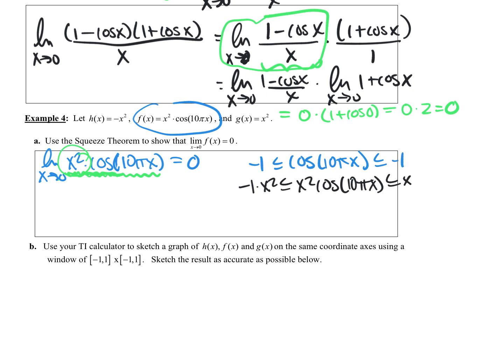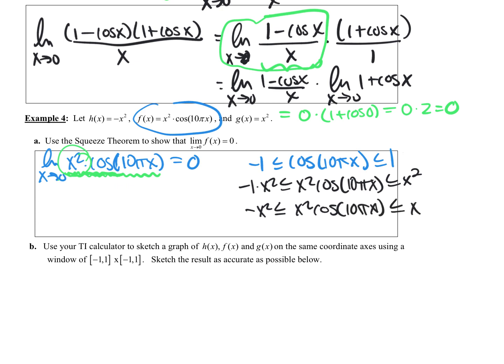Oops, sorry, this one up here is supposed to be a positive one. My bad. And as long as we don't multiply by a negative, which if you multiplied by a negative, you'd have to flip the signs, then you're allowed to do that with an inequality. So now we have negative x squared is less than or equal to x squared cosine of 10 pi x.